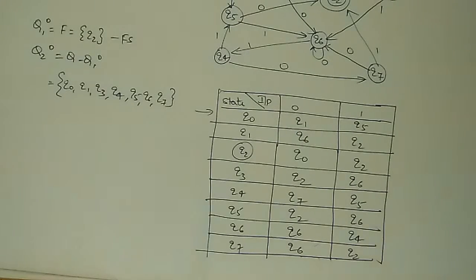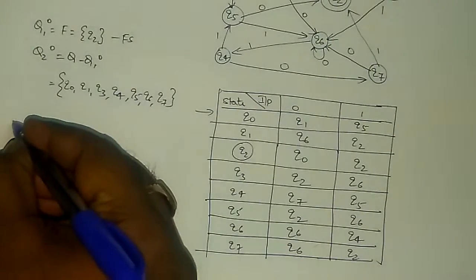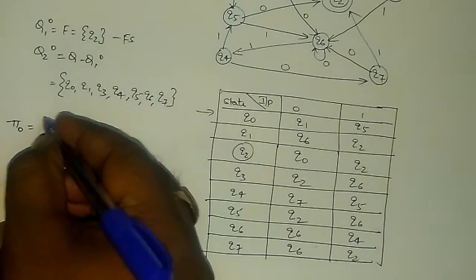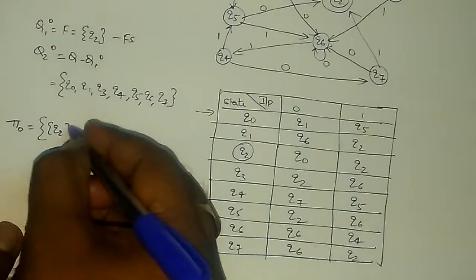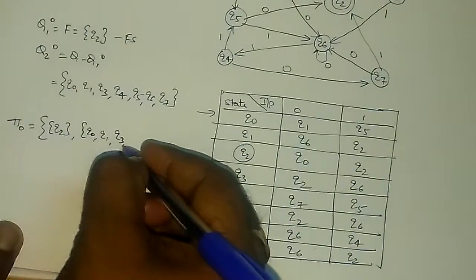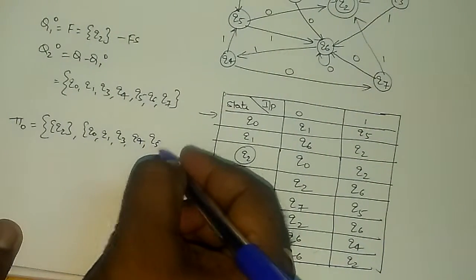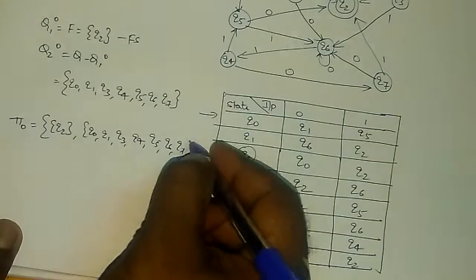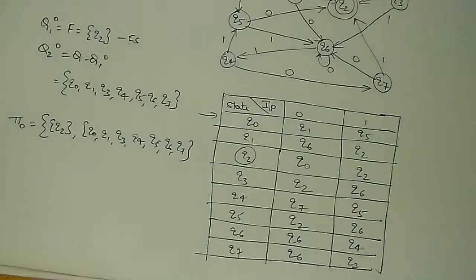So Q2 of 0 equals Q minus Q1 of 0. The given states are Q0 to Q7, and out of that, Q2 is my final state. So phi 0 becomes Q2 as one set, and the remaining Q0, Q1, Q3, Q4, Q5, Q6, Q7 as another set.